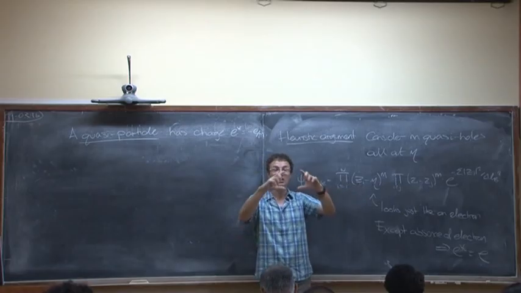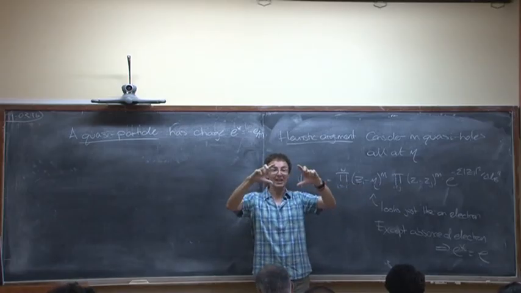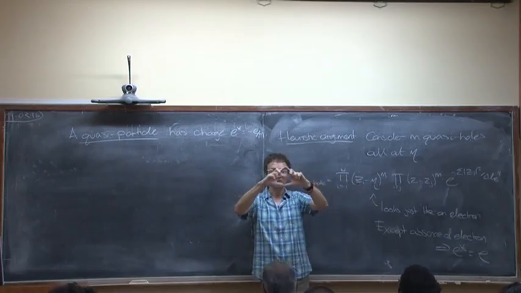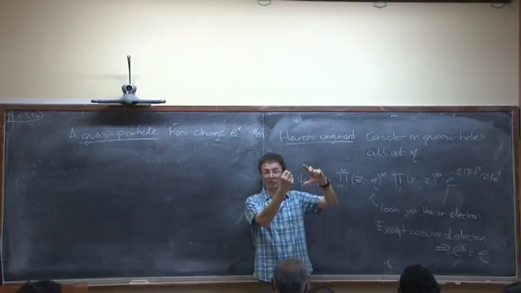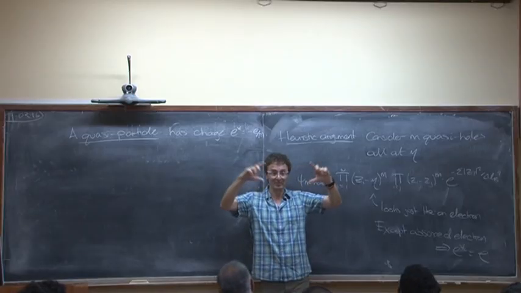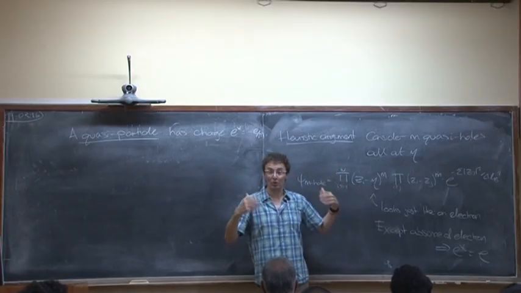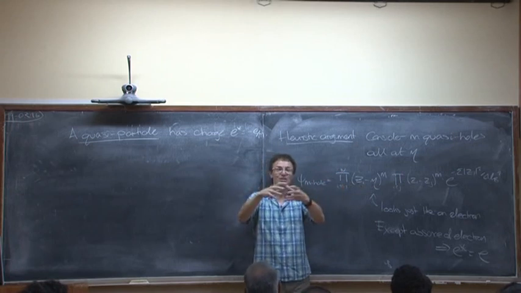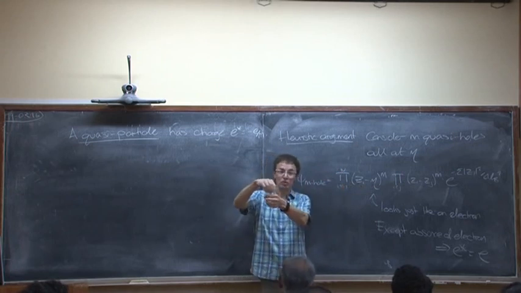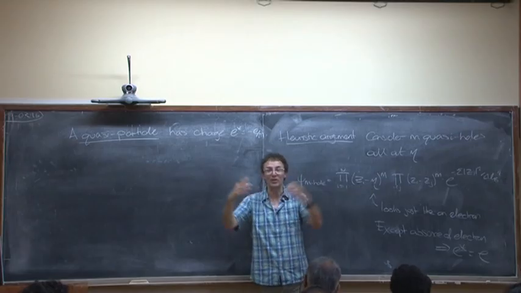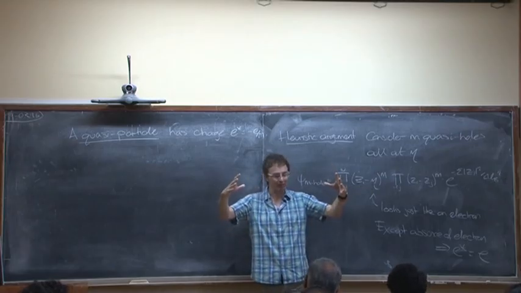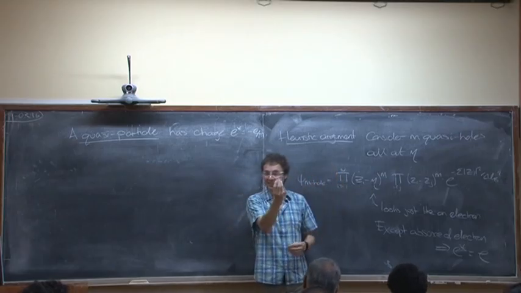It takes the angular momentum of every particle and increases the angular momentum by 1, which pushes the particles away from the origin. That's what we've seen in single particle wave functions. So what we want to do to get a quasi-particle is have an excess of electrons in some region. And the way to do that would be to decrease the angular momentum of every particle by 1 in that region.